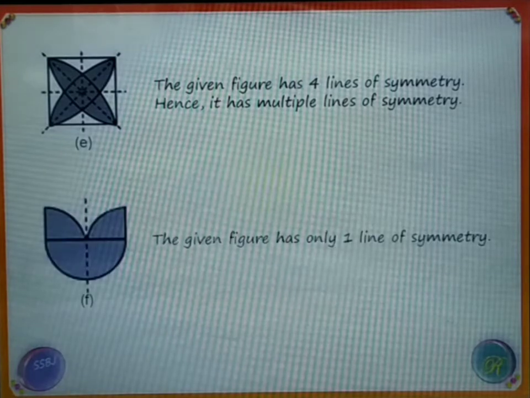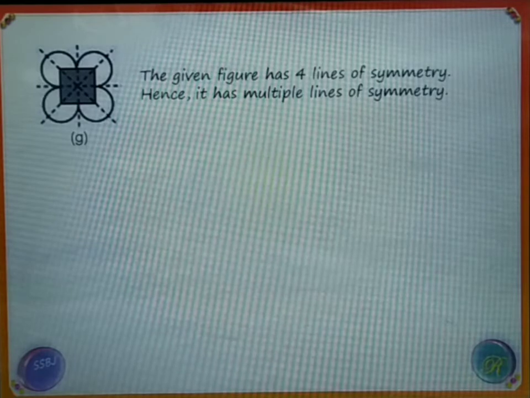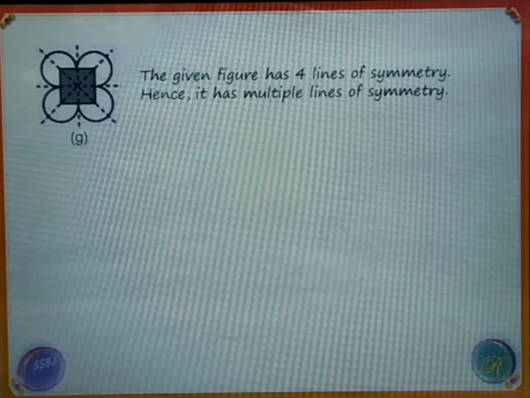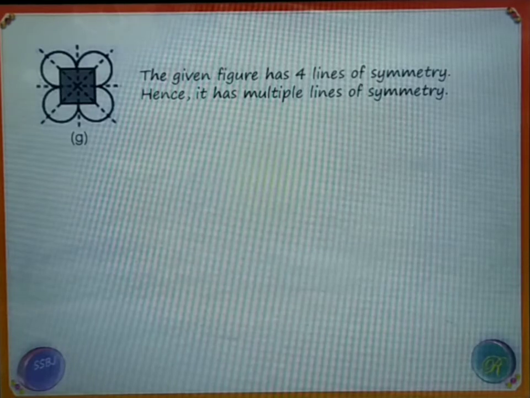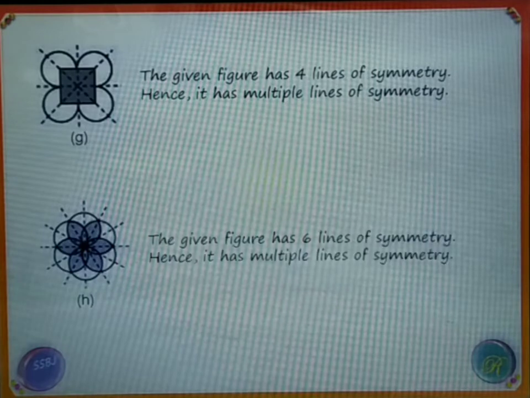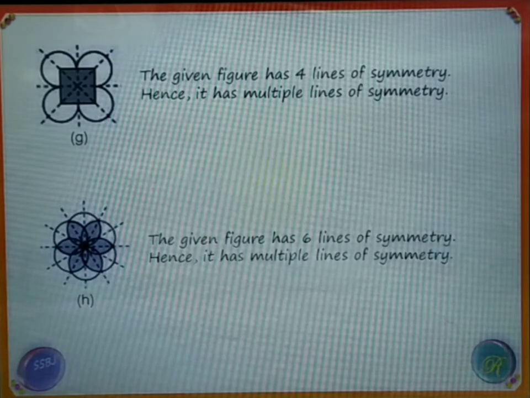The given figure has only one line of symmetry. Figure G. The given figure has 4 lines of symmetry, hence it has multiple lines of symmetry. Figure H. The given figure has 6 lines of symmetry, hence it has multiple lines of symmetry.